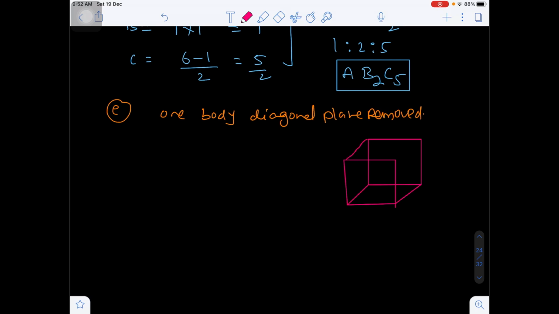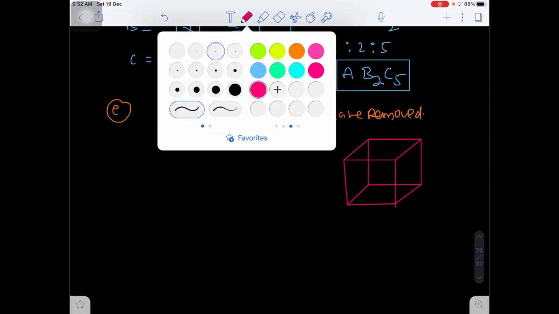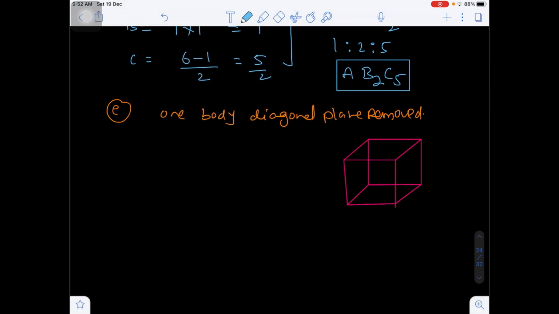Also, that body diagonal plane will contain the body center, that is the center of the body. So this plane, if you consider, is nothing but the body diagonal plane. This is the plane which we are removing now.